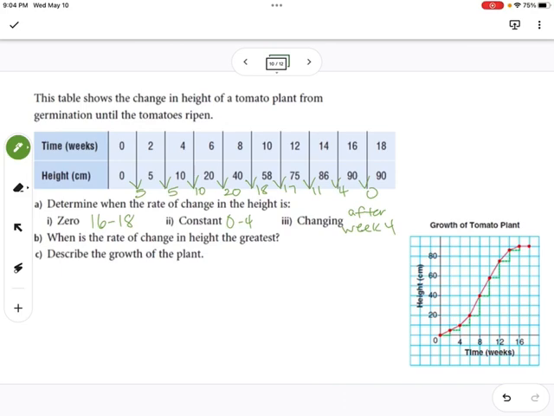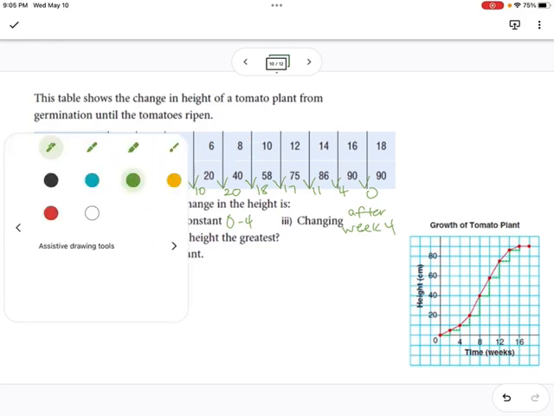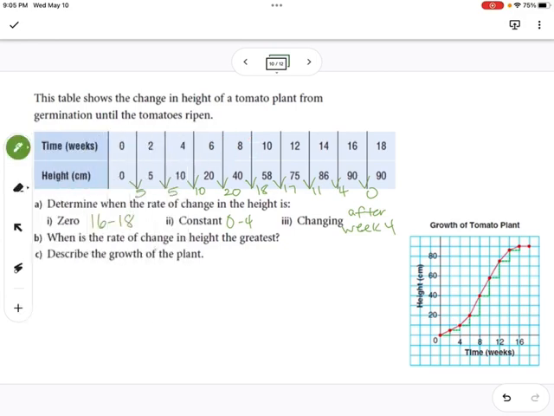B, when is the rate of change in height the greatest? So we're looking for the greatest difference here. Our biggest number is the difference of 20, and that's between 6 and 8 weeks. And lastly, we are being asked to describe the growth of the plant.